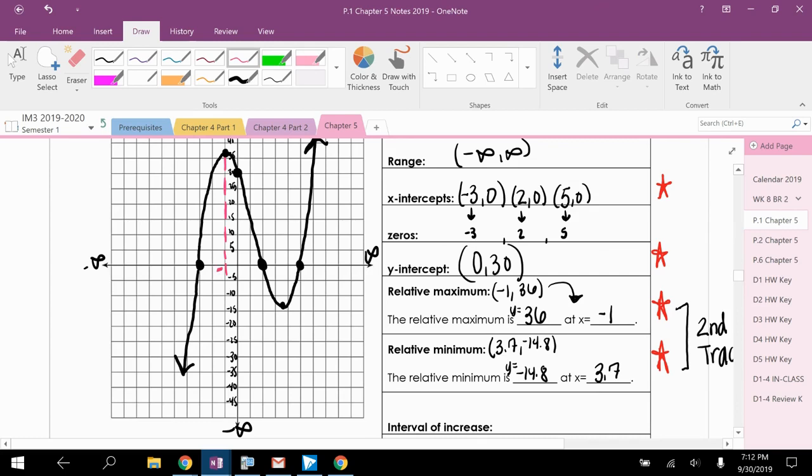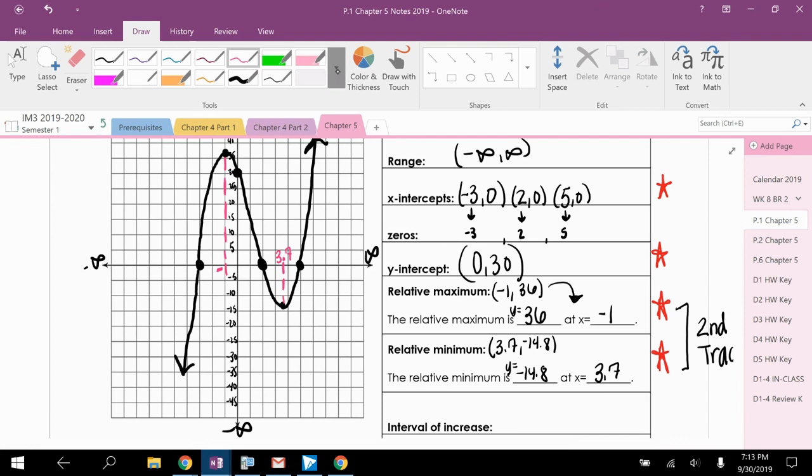Now your relative min, the x value is going to be, let's draw in our dotted line, at 3.7. That's going to really help you guys out with your interval of increase and decrease. I definitely recommend that you draw those in when you do it.